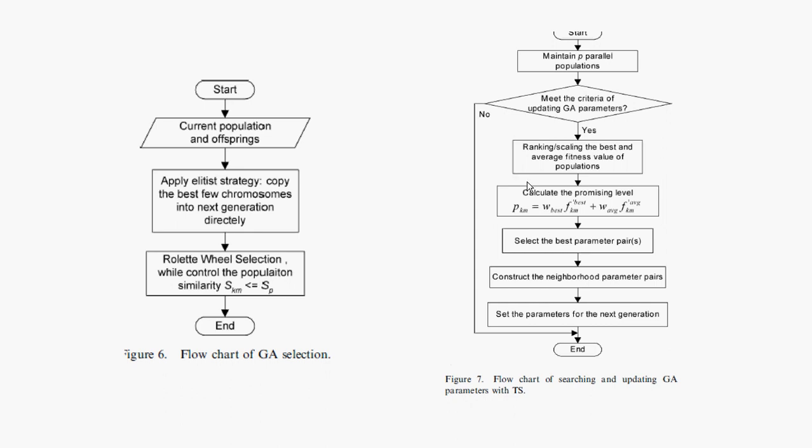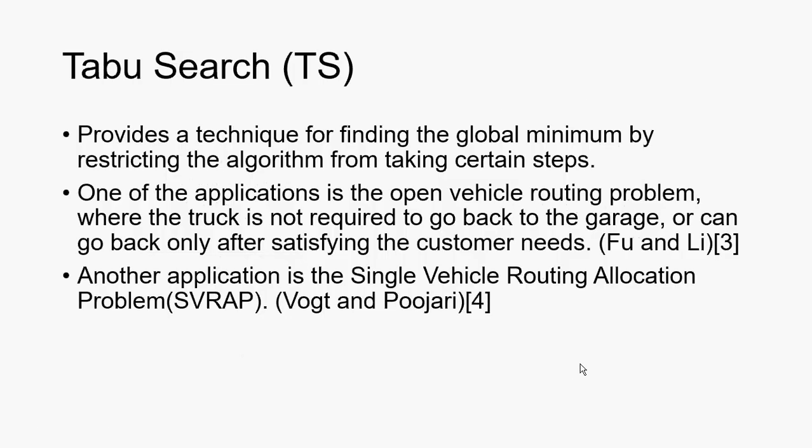So it has been found that in this hybrid technique, the runtime was decreased compared to the traditional GA, and it was also able to find a lower optimal solution than the traditional GA. So in this way, the hybrid GA and tabu search algorithm was found to be better than the traditional one.